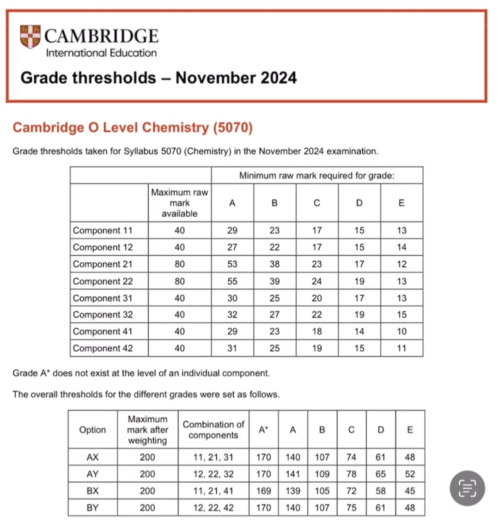To score A in P1 you need to get 27 marks, for P2 55 marks, and for P4 you need to score 31 marks. For the combined result, to get an A star you need to score 170. This is a very high threshold, and for A you need to score 140 marks, and for B you need to score 107 marks.